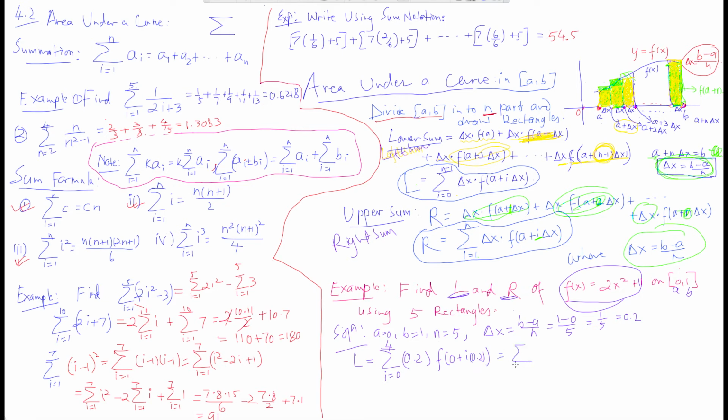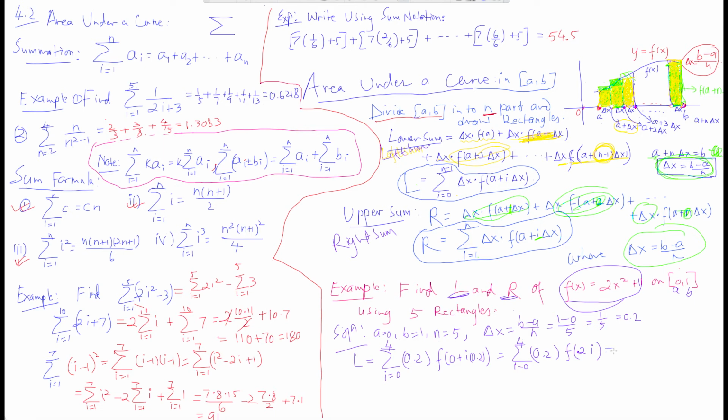So you write, i runs from 0 through 4, you see that? And then 0.2 times f of 0.2i, right? So what is f(x)? f(x) is 2x squared plus 1.